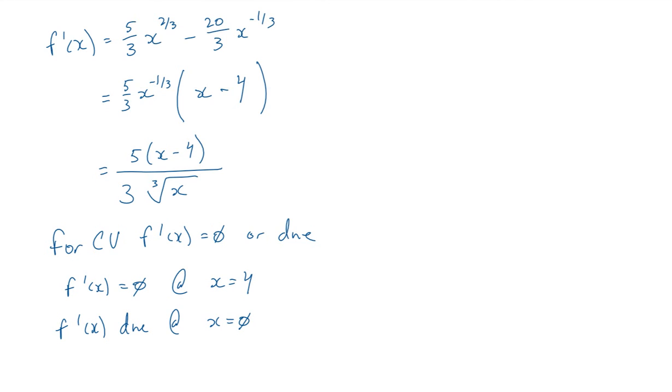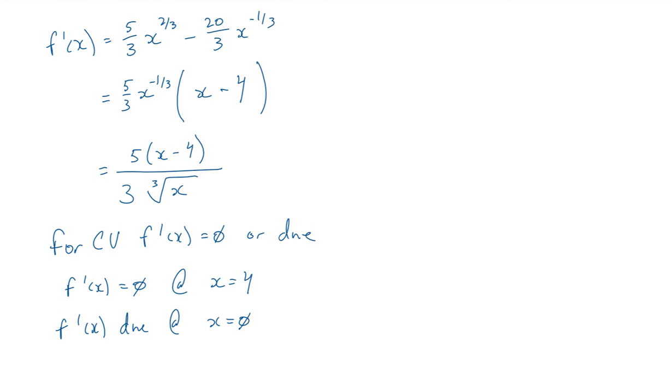Now, if this was square root, then there would be a lot more places, because it would be whenever the radicand of the denominator is negative as well, right? But this is cube root, so you can take cube root of a negative, that's fine. You can take cube root of a positive, that's fine.